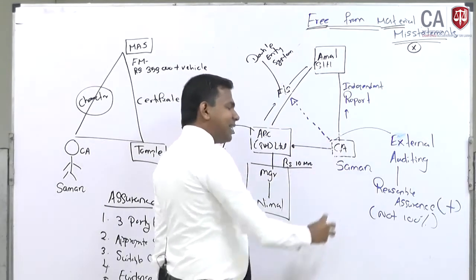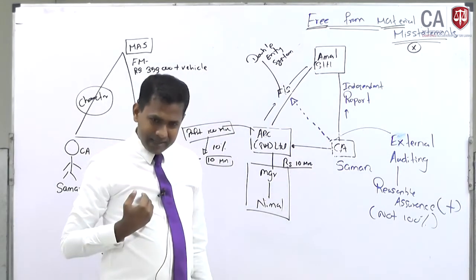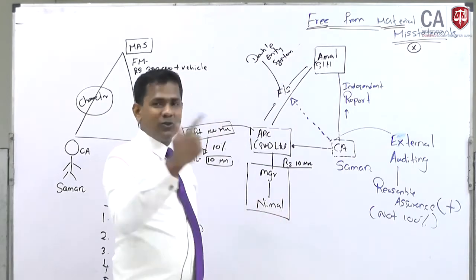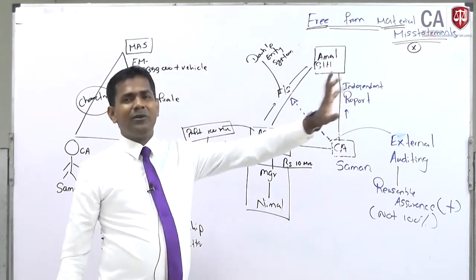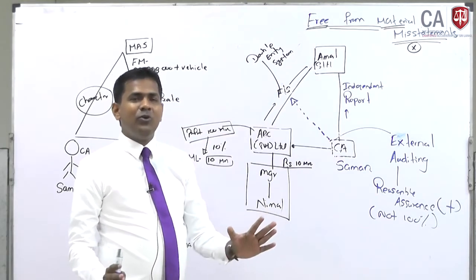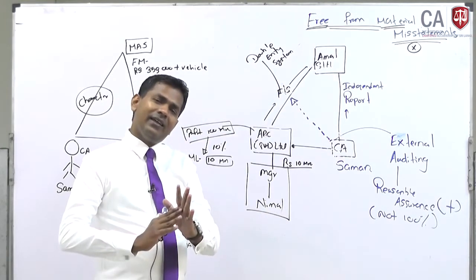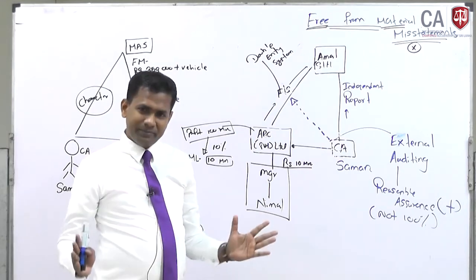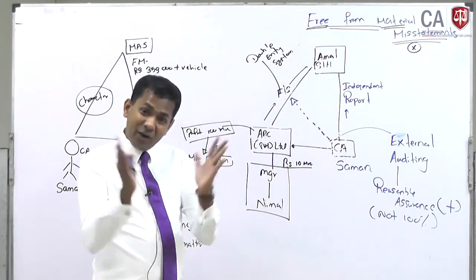If I am Saman, or Suraj, or any other chartered accountant, any firm in this world or in Sri Lanka cannot do what they want. There is a way of doing.